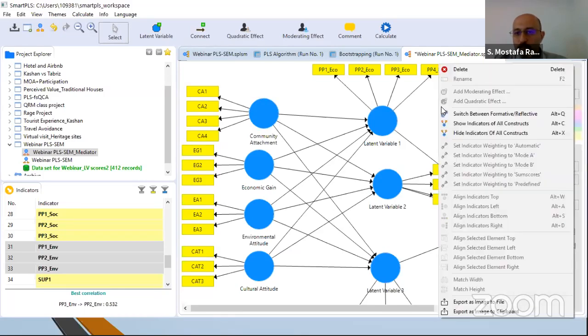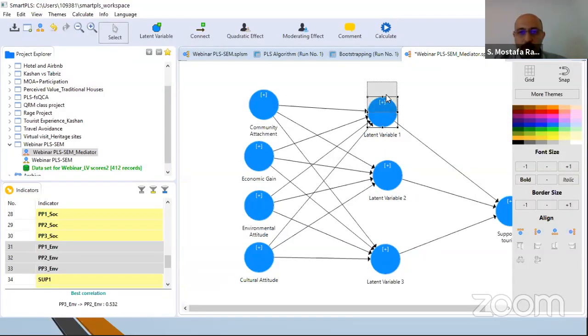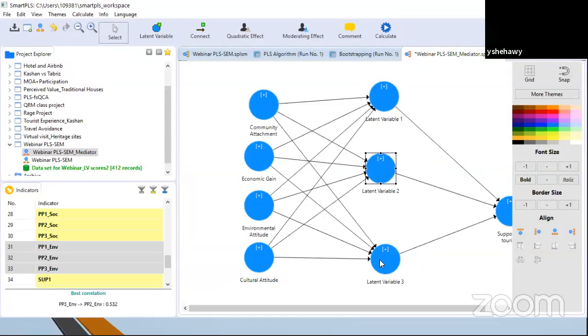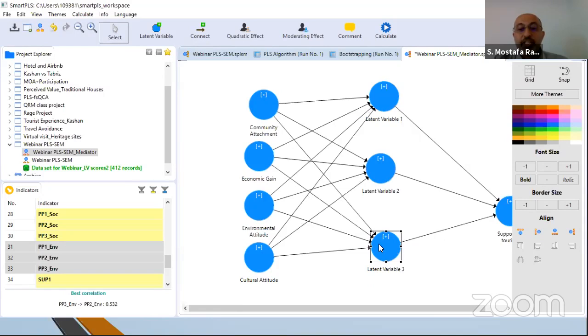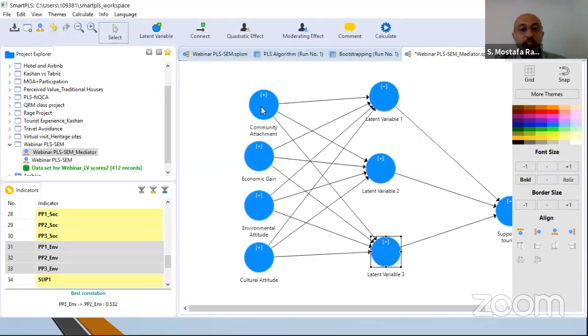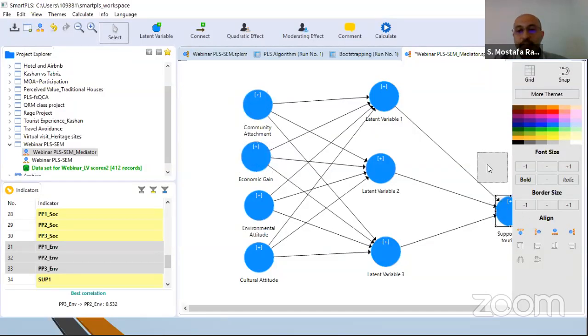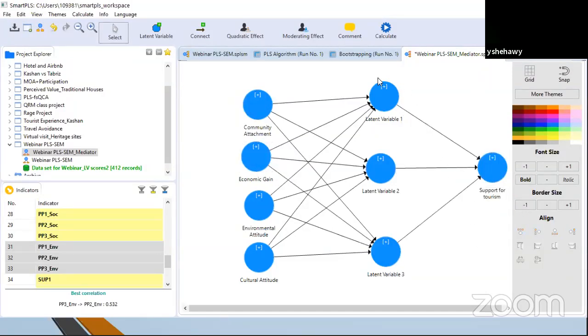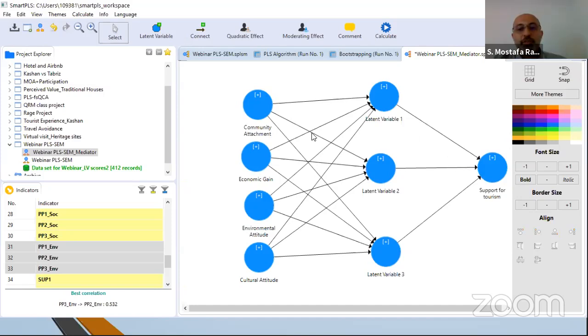To simplify the model, I hide all indicators. So now we have three different mediators between our antecedent and the PD, right? So we have three mediators. So these three mediators are serial mediators, right? Serial mediators. So the process is exactly the same.